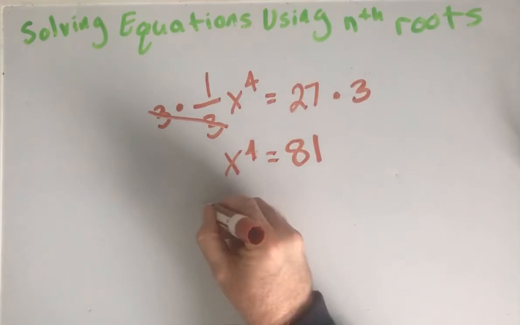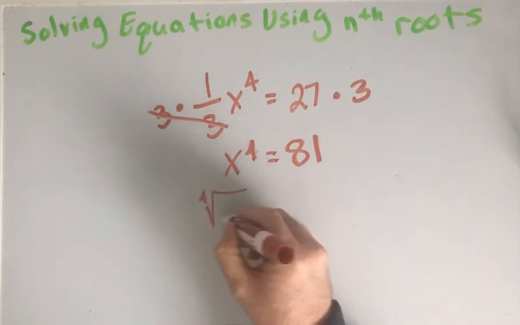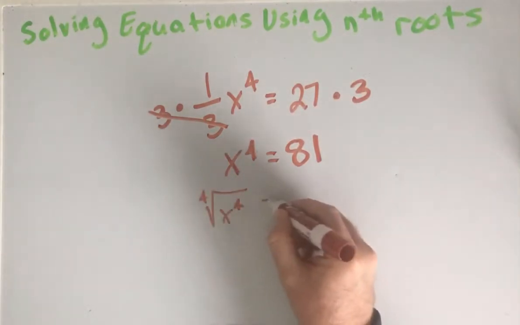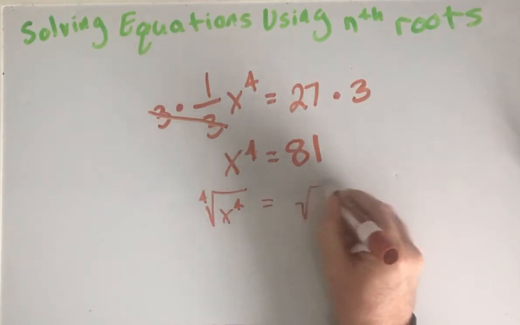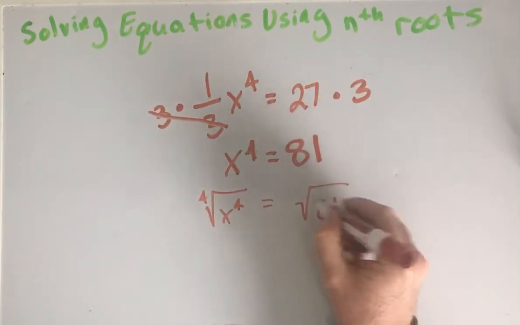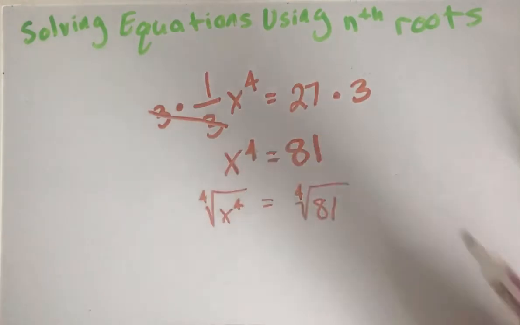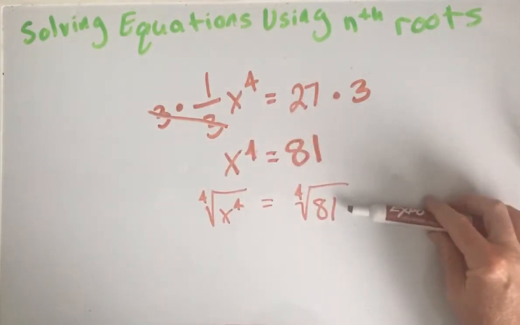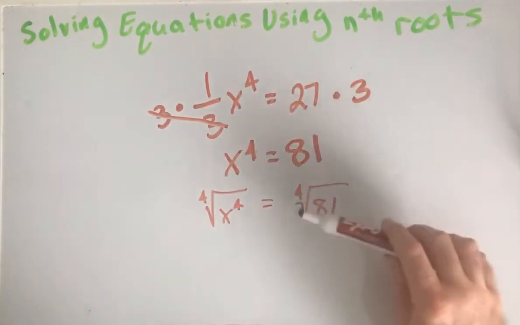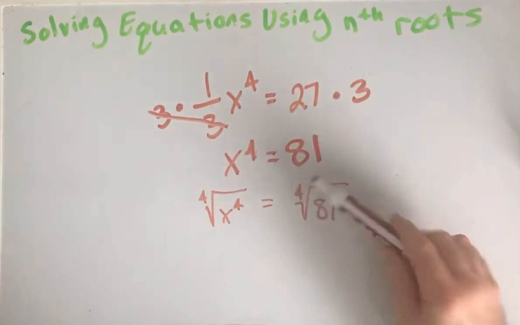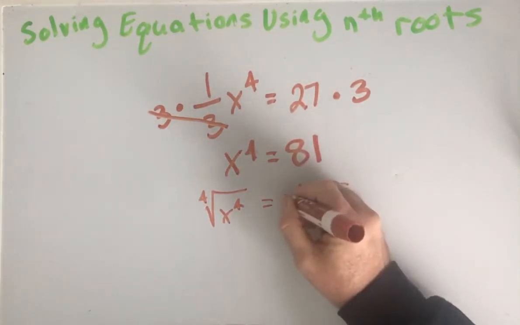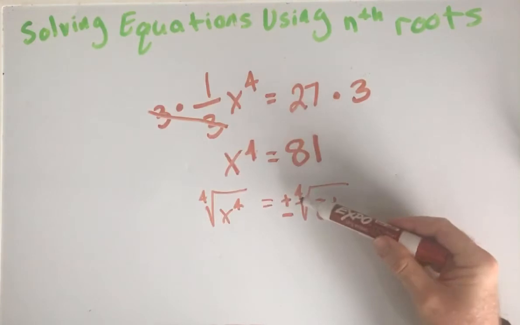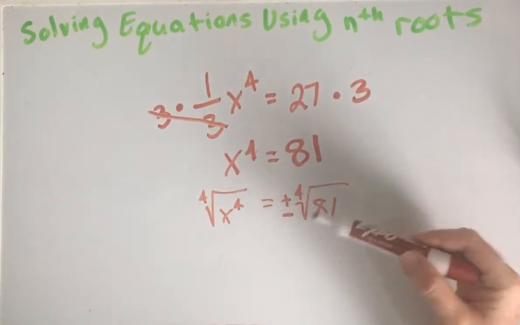So now I need to take the 4th root of x to the 4th and set that equal to the 4th root of 81. But when we take different roots, if the root is even, we always want to make sure that it's plus or minus. If the root is odd, it's either going to be positive or negative.